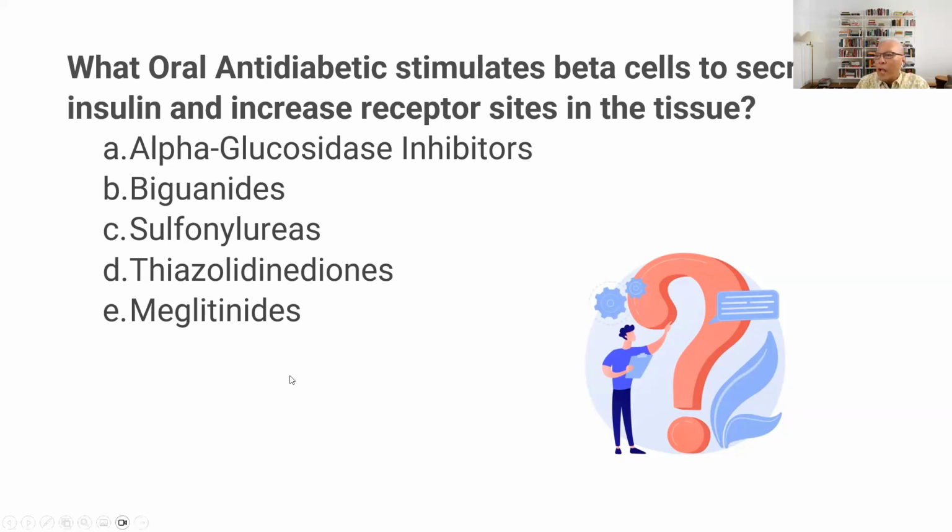Okay, so the correct answer to this one is stimulates beta cells to secrete more insulin.